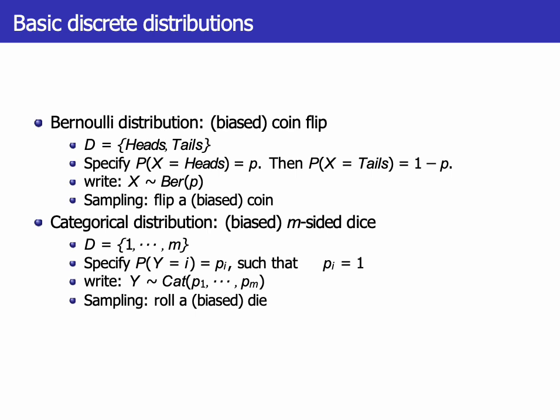First of all, let us discuss the discrete distributions. For example, here is a 0-1 coin flip. These are so-called Bernoulli distributions: heads or tails.